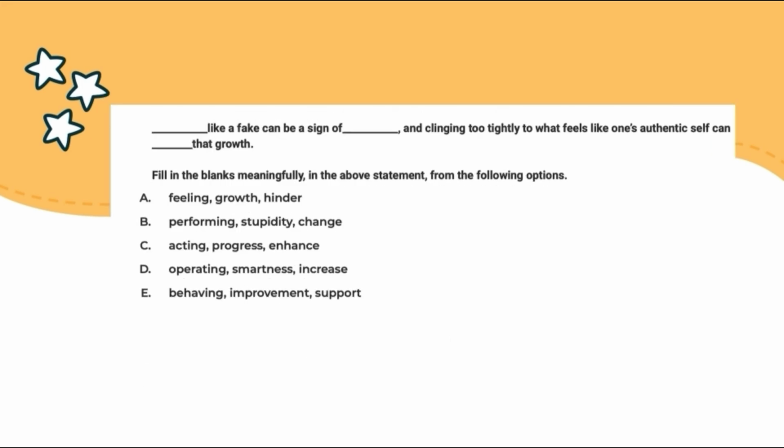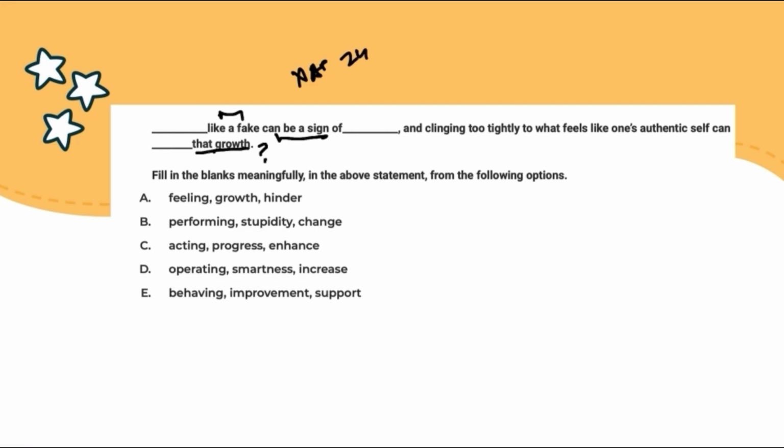Now, this is again a question of ZAT24, right? So let's start with this. "Dash like a fake can be a sign of dash." Let's see. We are talking about feeling like a fake and then relating it to being a sign of something, and "clenching too tightly to what feels like one's authentic self can dash that growth." So, which growth are we talking about here?